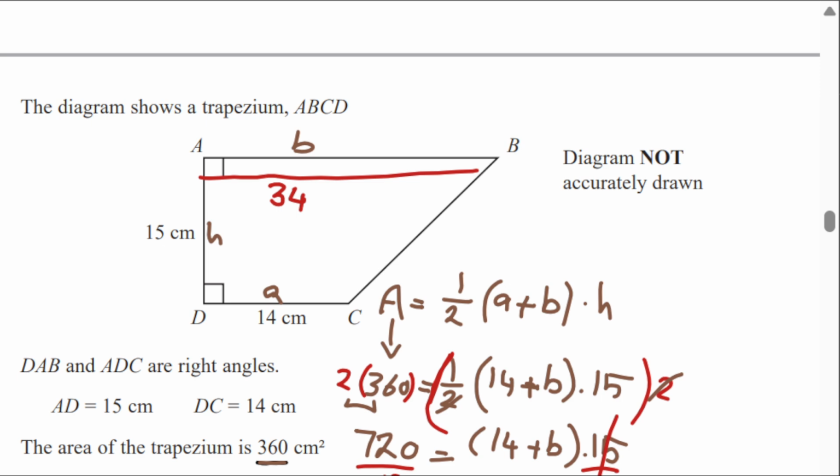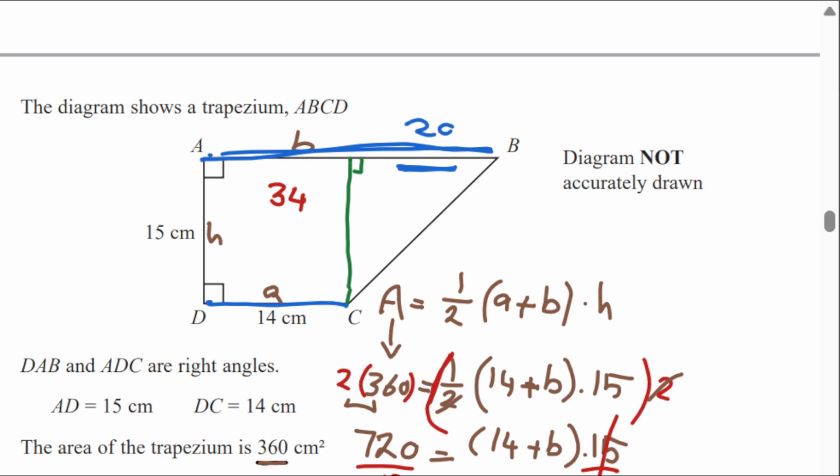What we will do now is we will try to find this side here. And to find that, let's create a right angle triangle. What I will do is I'll just do some line here. That's good. Now, this is a right angle. Now, since all this is 34, that means this part here is going to be 34 minus 14, which is 20.